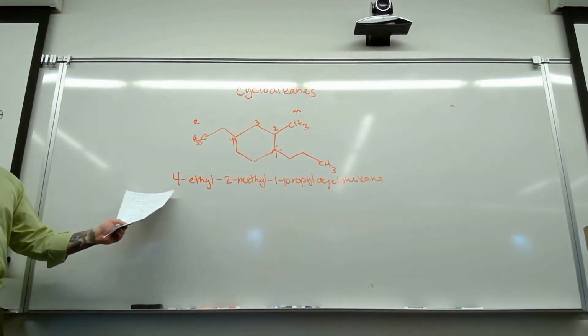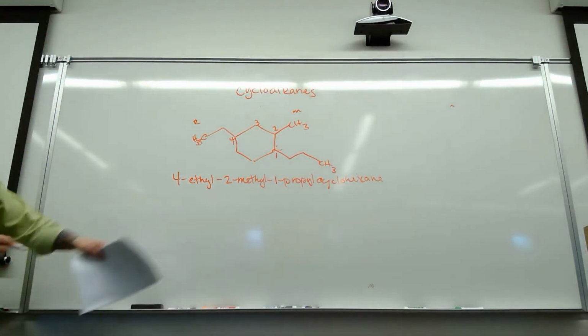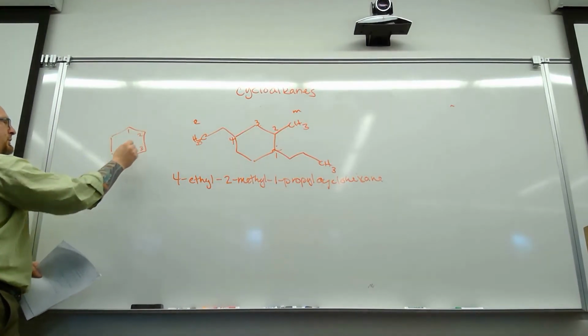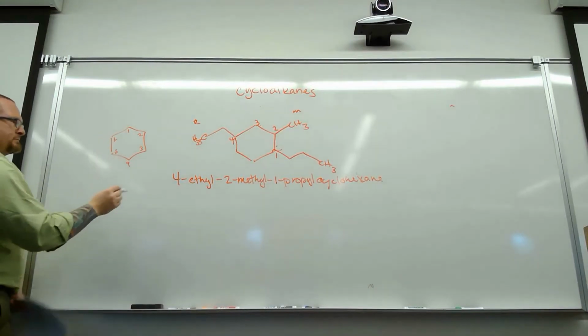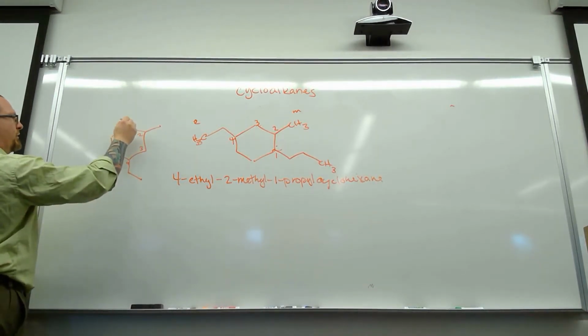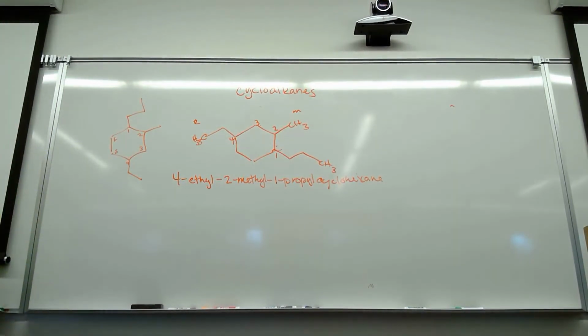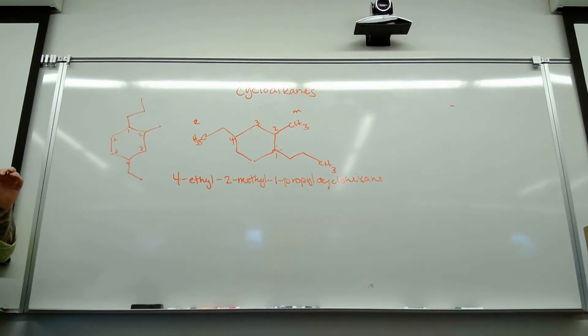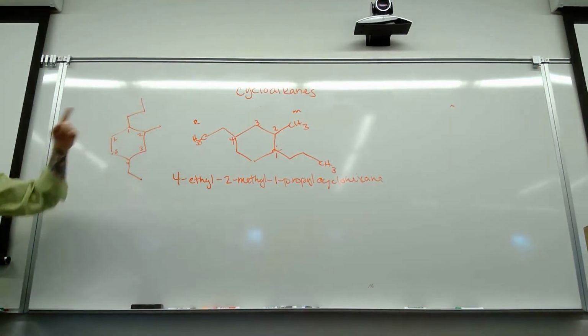And from this, you could easily draw it. You're like, oh, okay, I've got a cyclohexane ring. I can arbitrarily number 1, 2, 3, 4, 5, 6. 4-ethyl, bang, bang. 2-methyl, got it. 1-propyl, done. You can come up with the same structure from the name. Even though it's drawn differently, it's the same thing.